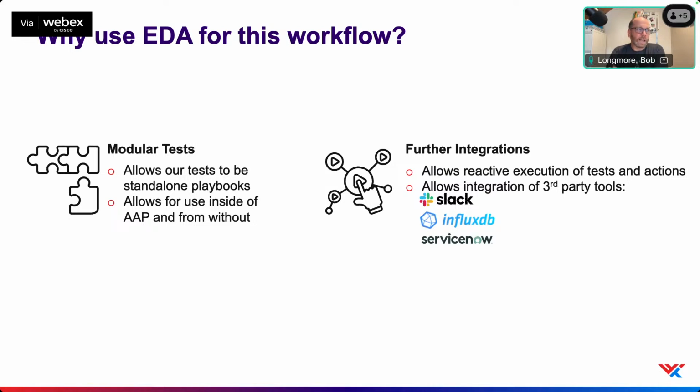It also allows our tests to be standalone here. So we could do things like use Slack to kick off a test and get those results back, or tie it into Jira, or essentially anything else that could speak Kafka and run those tests ad hoc.